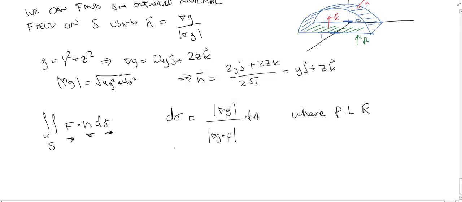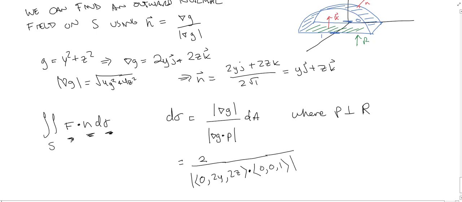We now know that this is 2 on top, and then we're going to have the magnitude of the gradient vector g, which was 0, 2y, 2z, dotted with p, and p is perpendicular to the region r, so that's just going to be the unit vector k, so 0, 0, 1.